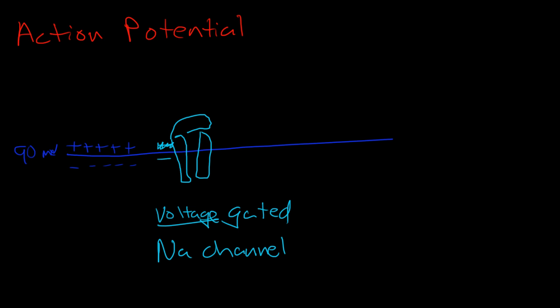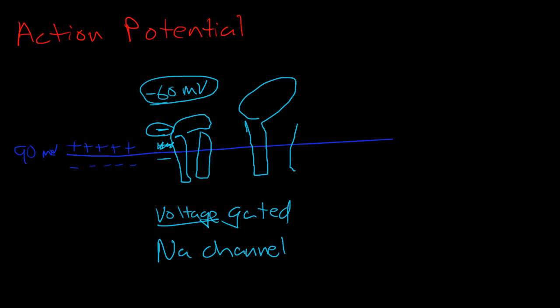If the outside of the membrane becomes more negative, so if this negative 90 millivolts drops to, say, negative 60 millivolts, this change will trigger the gate to open up, swing into an open position.